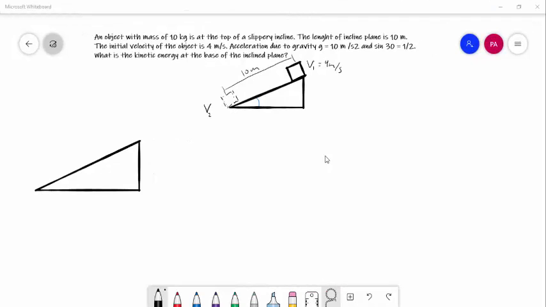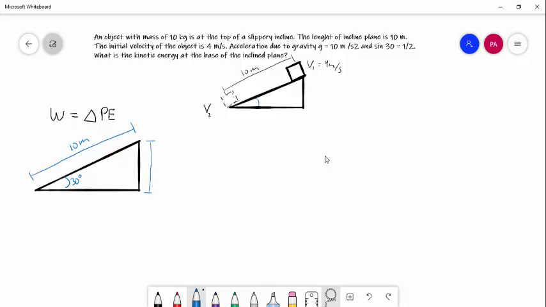The other way, if we want to use this formula, we just need to know the change of height. If we already know this angle is 30, and this distance is 10 meters, we can find this height.